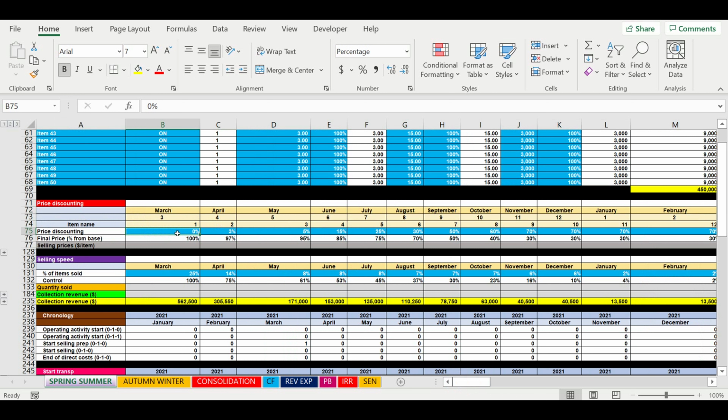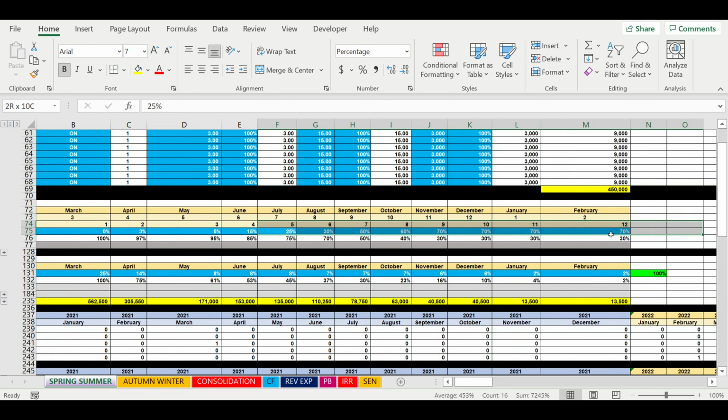In the first month we have 0 discount on all pricing. Then we have 3% discount. Then we have 5%, 15%, 25%. So we can adjust the level of discounting. For example, at the end we're going to have a sale, and the discount will be maximum. So in this line we describe the price discounting during all the period when we sell our collection.